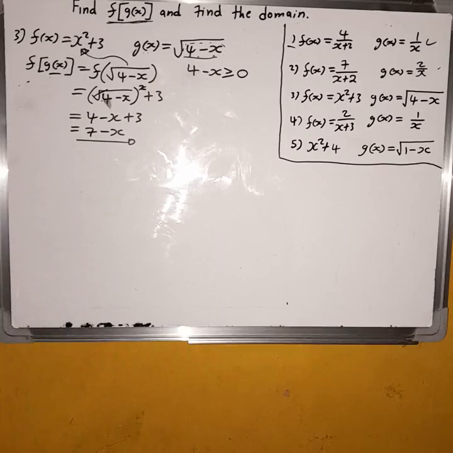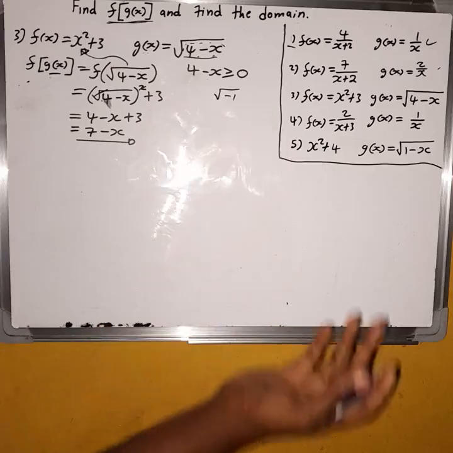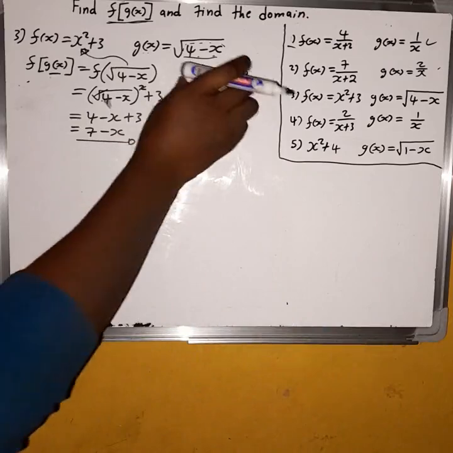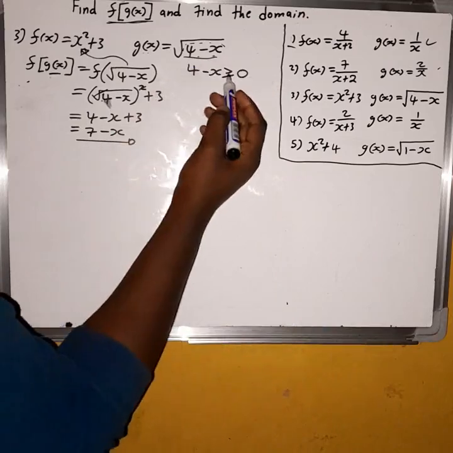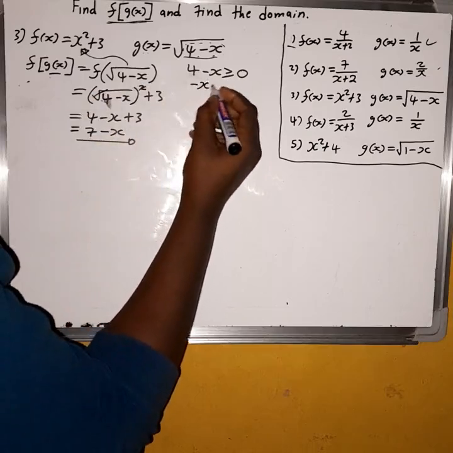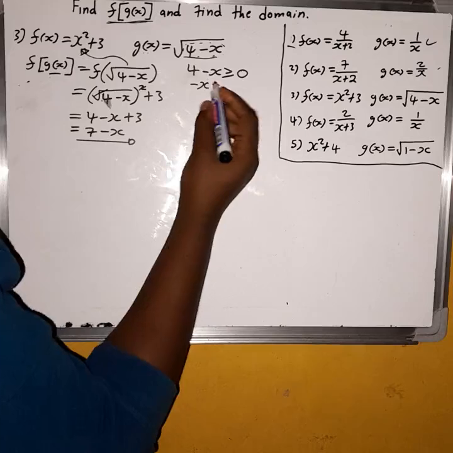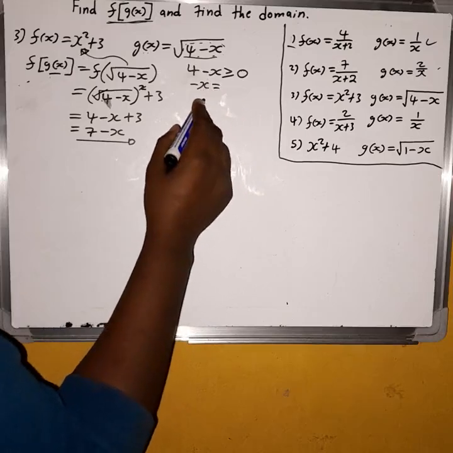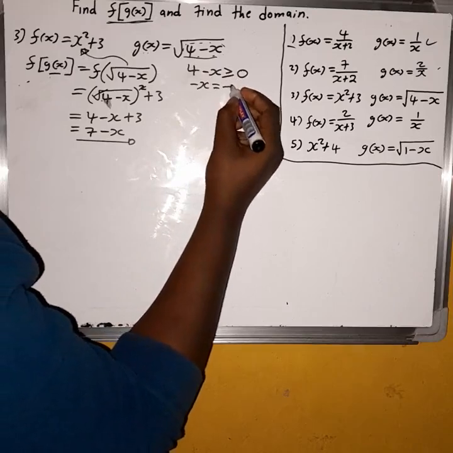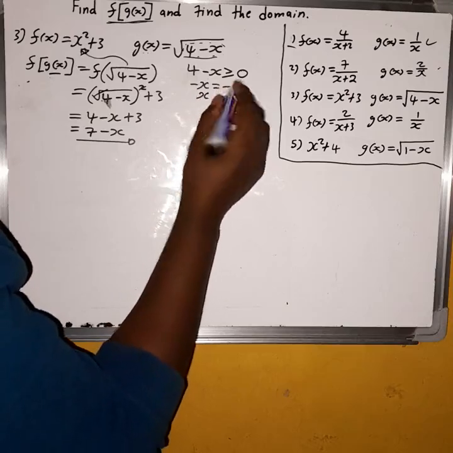If you take your calculator and punch in the square root of -1, you get an error, it's undefined. So we have negative x greater than or equal to -4, then divide by a negative.